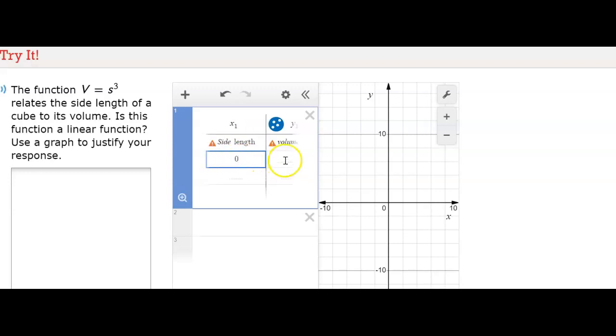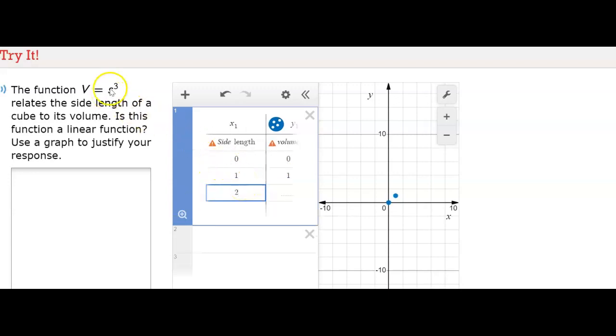So if my side length is 0, my volume is 0. If my side length is 1, if I were to put 1 in this formula, 1 to the third power would still be 1. And then if I do 2 in this equation, 2 to the third power would be 8.